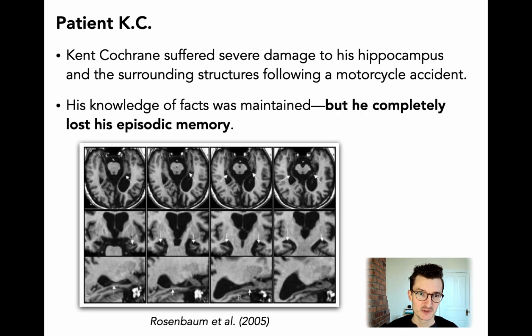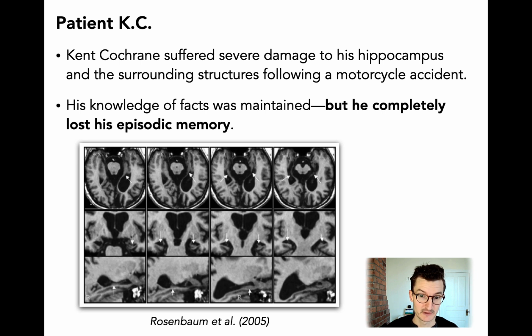A very famous patient known as Kent Cochrane suffered severe damage to his medial temporal lobes because of a motorcycle accident. And he retained knowledge of facts. So, he retained fact-based knowledge, semantic memories not tied to episodes, but he completely lost his episodic memory.